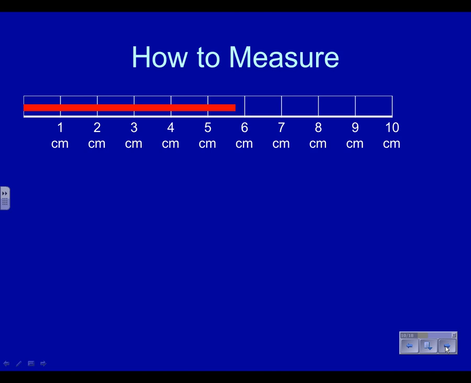Before we talk about how to measure stuff, I want you to guess for me. On your sheet, right above that ruler, just jot down what you think the length of that red line is.